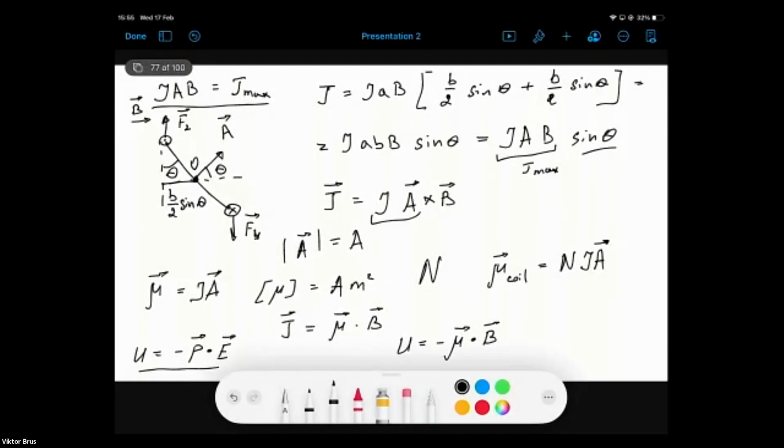So since this product of magnetic dipole moment with magnetic field vector defines the torque, that is a really very important feature, because, as I mentioned, it is widely used to convert electric energy into mechanical.